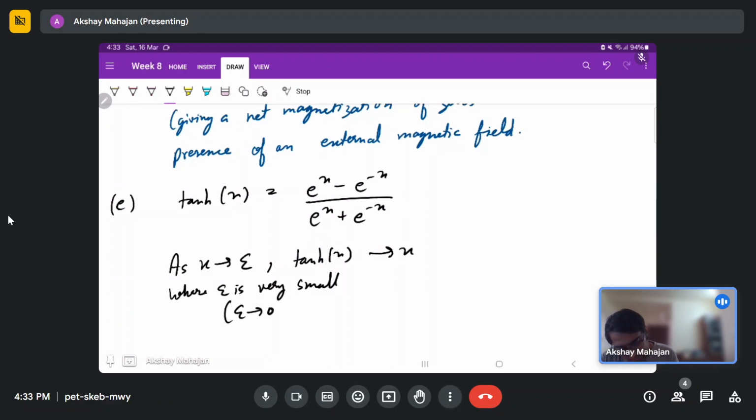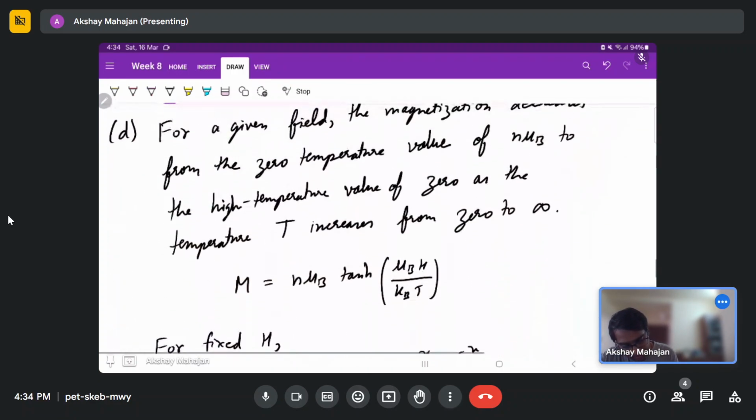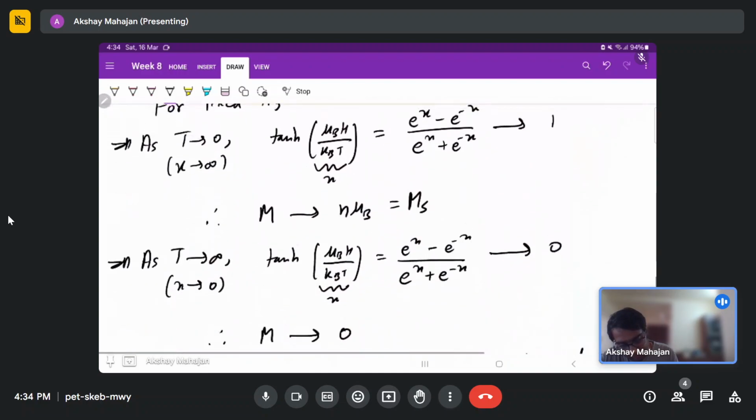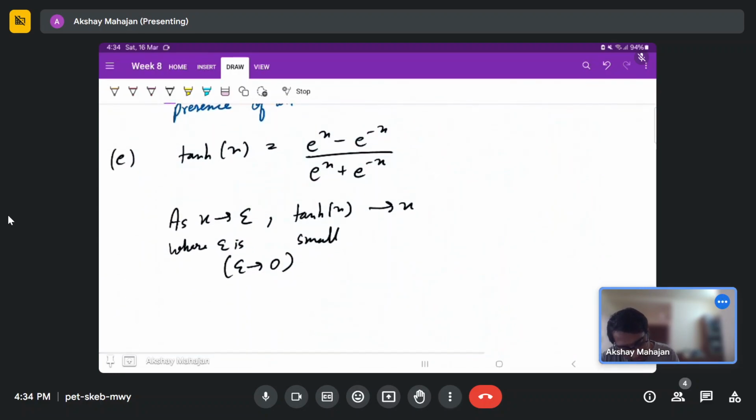Take epsilon tends to zero. Consider this, because otherwise you might get confused from the t tends to infinity case where x tends towards zero. So we are not tending x to zero, but let's say x is tending towards a very small value, epsilon.